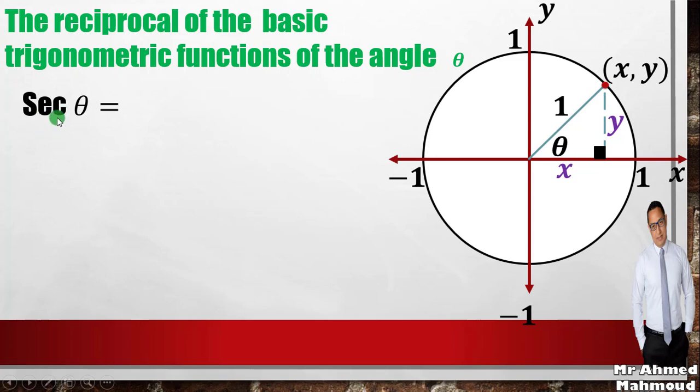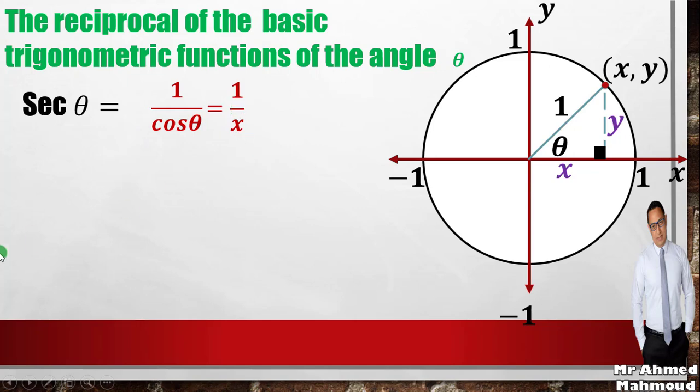Sec theta is the reciprocal of the cosine. So sec theta equals 1 over cosine, and 1 over cosine, remember with me, equals 1 over x. So sec theta equals 1 over x.